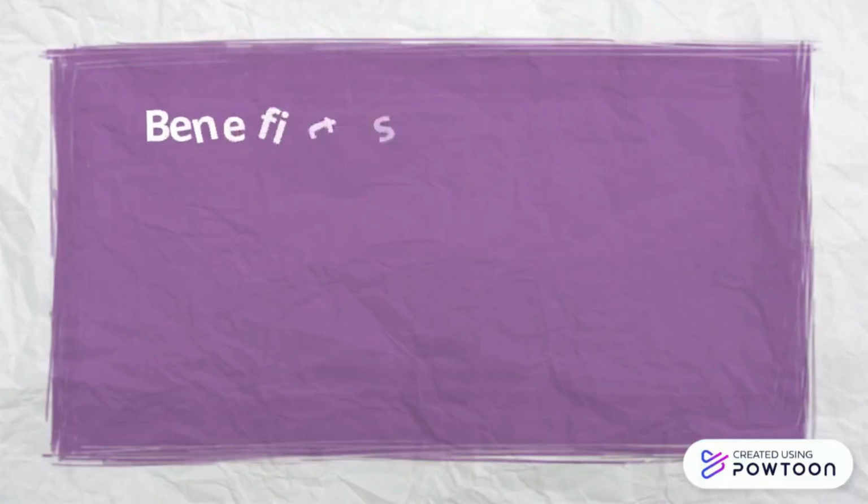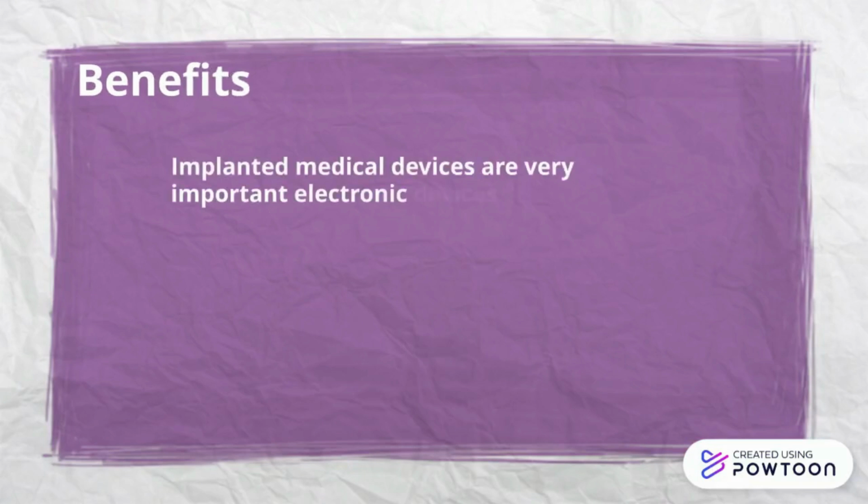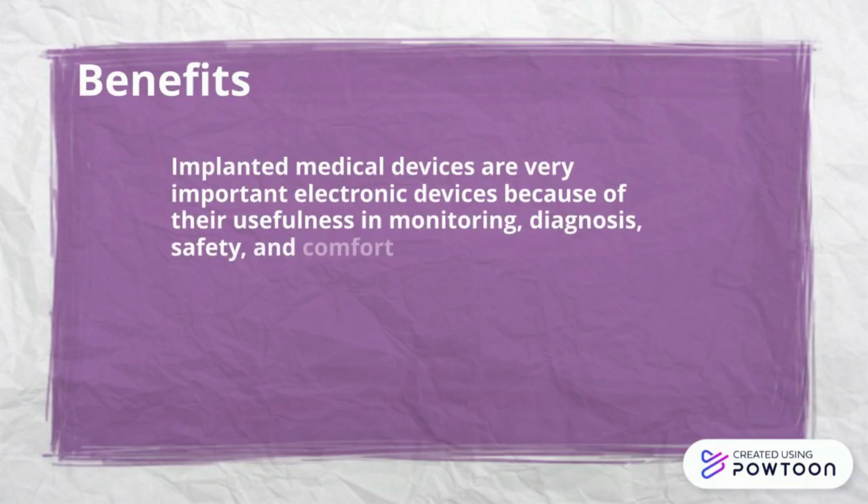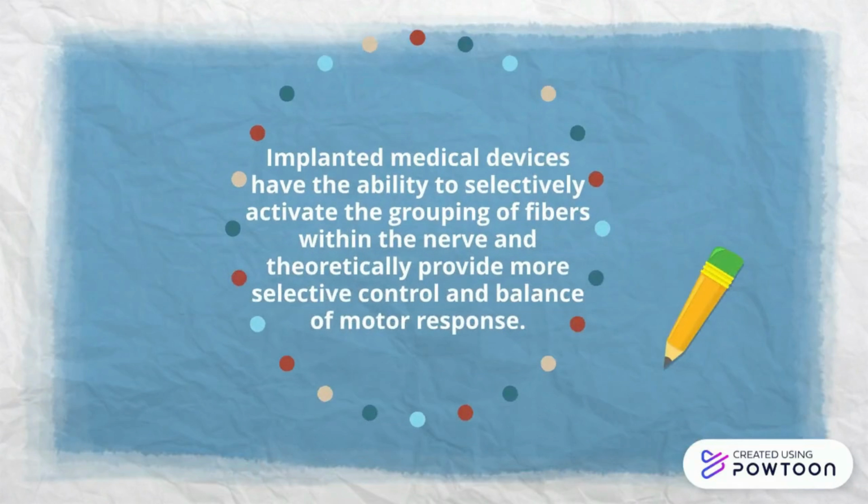Next are the benefits. Implanted medical devices are very important electronic devices because of their usefulness in monitoring, diagnosis, safety, and comfort for patients. And also, implanted medical devices have the ability to selectively activate groupings of fibers within the nerve and theoretically provide more selective control and balance of motor response.